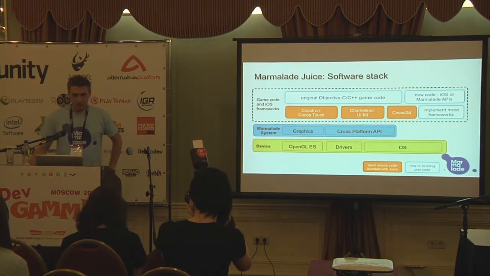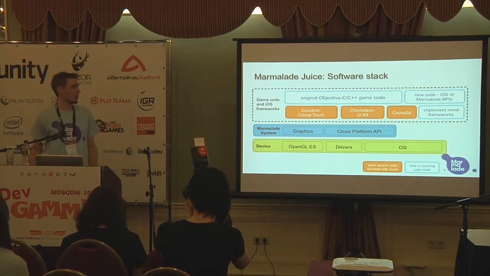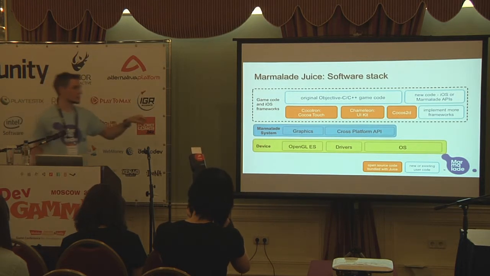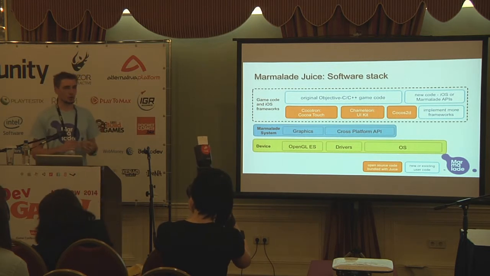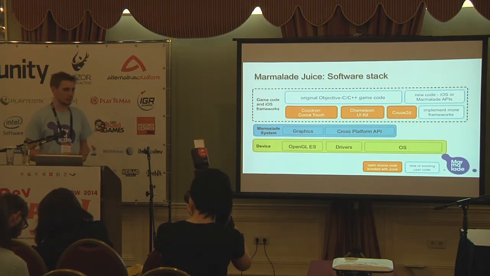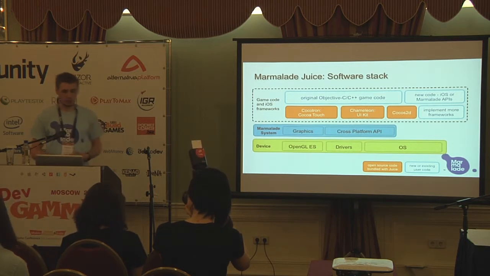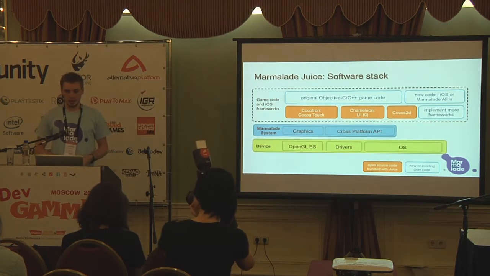It contains new code for iOS and Marmalade APIs, and also those orange rectangles, which show what we bring to the project, the code we add to make it work on an Android device.